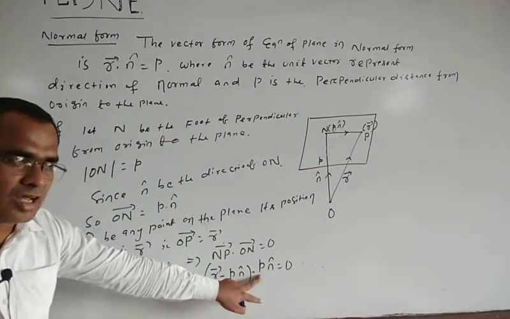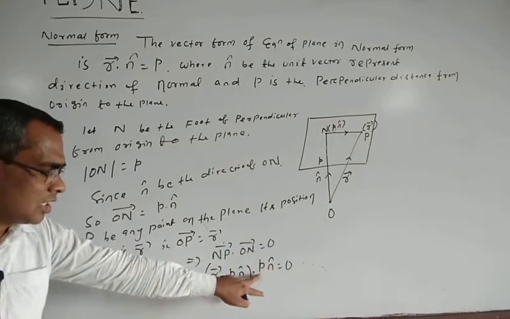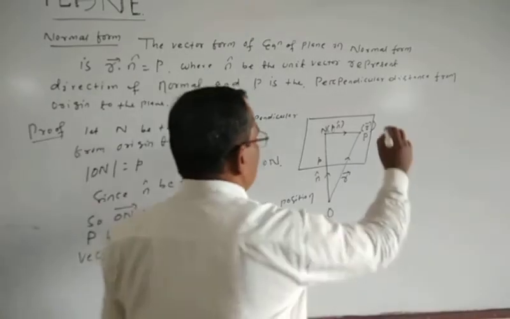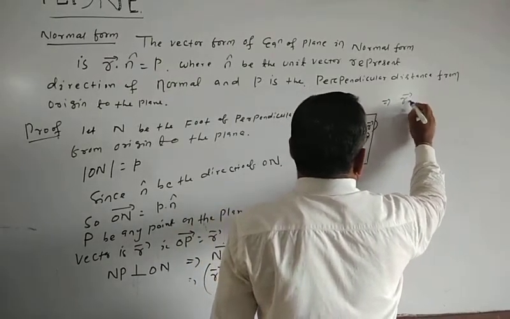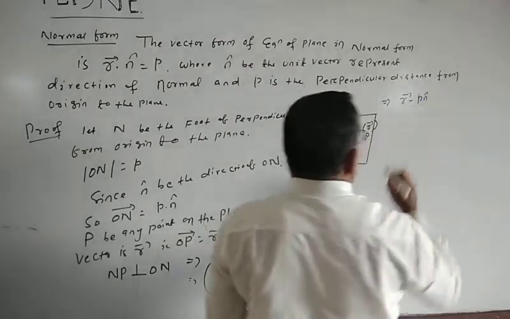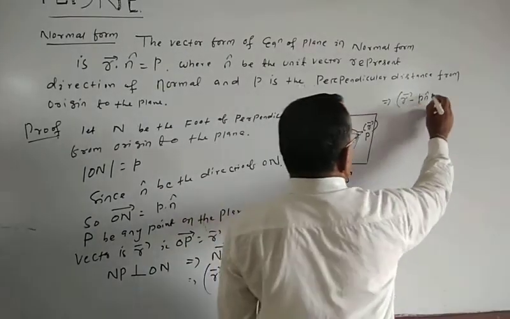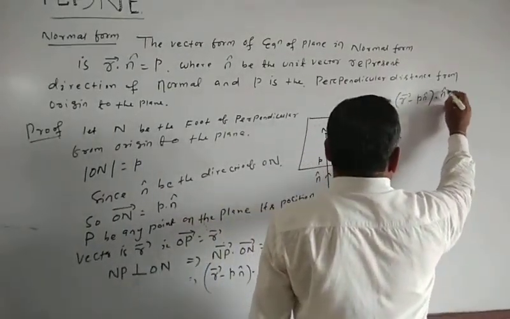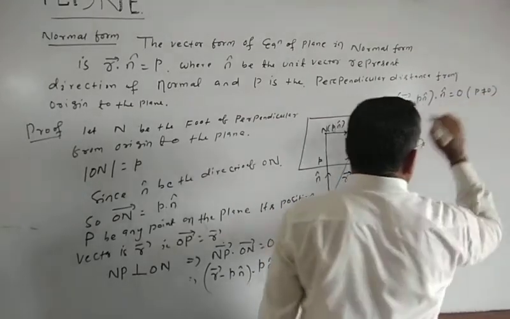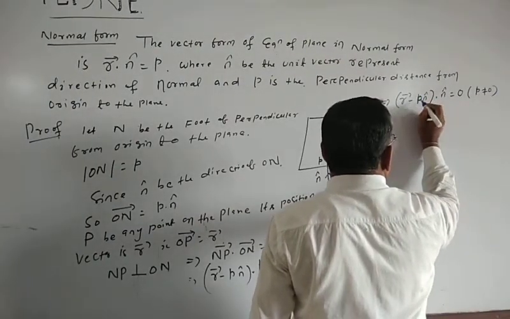Since p is a scalar and not equal to 0, this implies (r vector minus p n cap) dot n cap is equal to 0, because small p is not equal to 0.